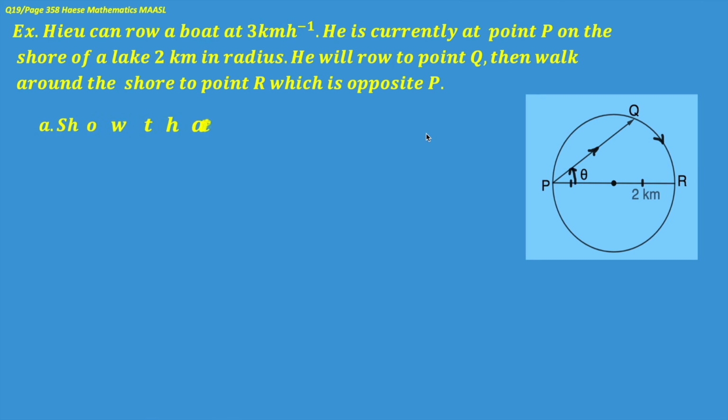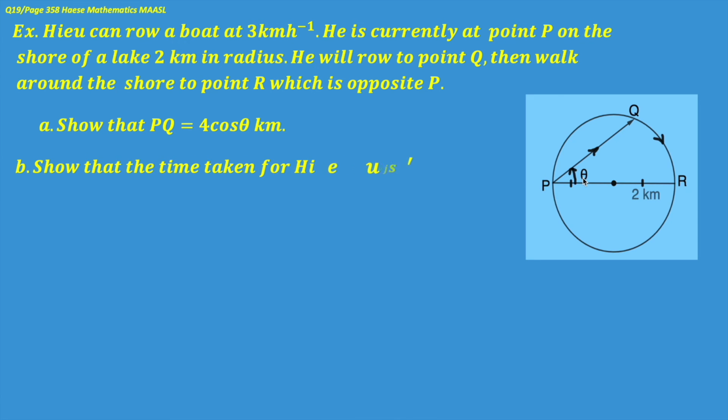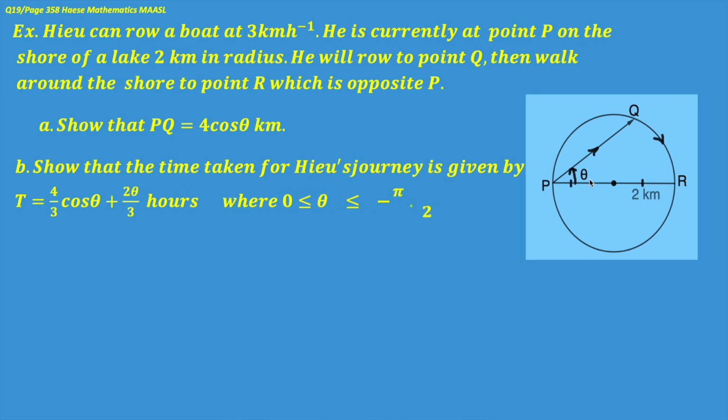Now what do we want to find? A part: show that the distance PQ is equal to 4 cos theta kilometers. B part: show that the time taken for Hugh is given by total time taken 4 by 3 cos theta plus 2 by 3 theta hours, where theta is between 0 and pi by 2.